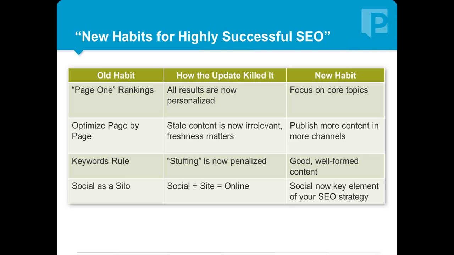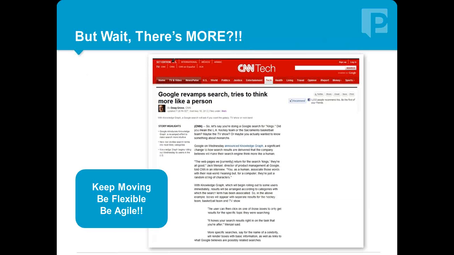Probably have a few others that we can come up with as we go through this process, but really the other thing as we begin to close this and wind this down a little bit is there's always more. This is from just a couple days ago, I guess last week. Google talking about how they are going to revamp search and the search results, and how the page is displayed.